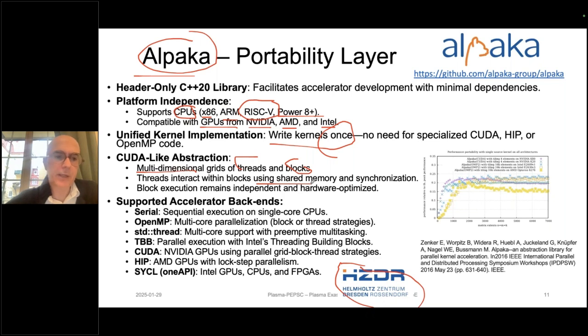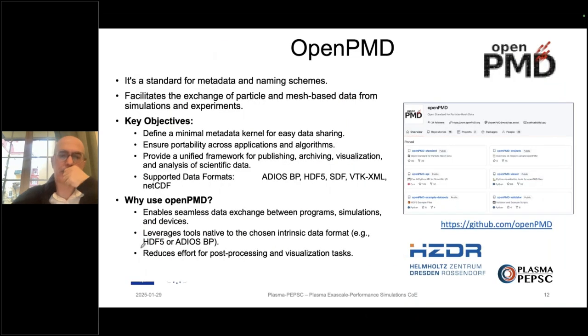And as I said, the very strength of Alpaka is that you just write your code, your kernel, once, and then you support a wide range of different backends: CUDA, HIP, and SYCL for the three different kinds of GPU architecture from three different vendors. But also for the CPU part, they provide task-based backends for the CPU to increase the utilization.